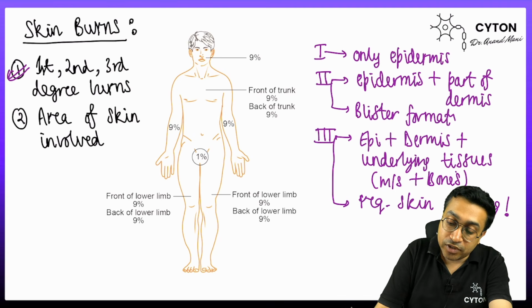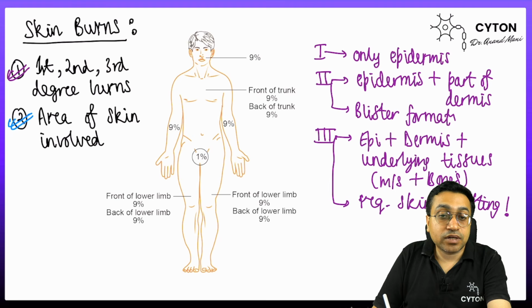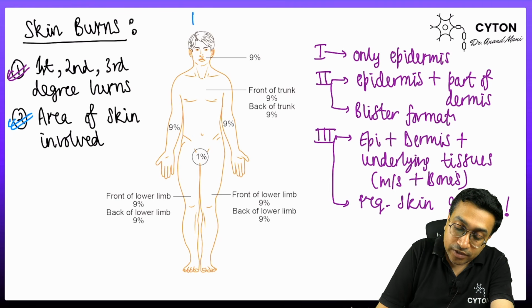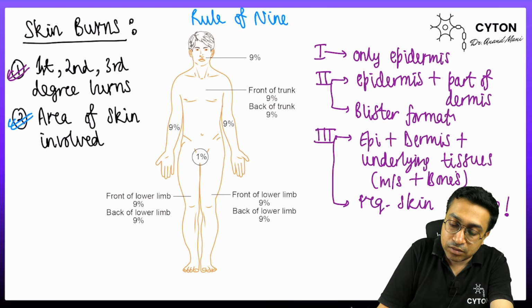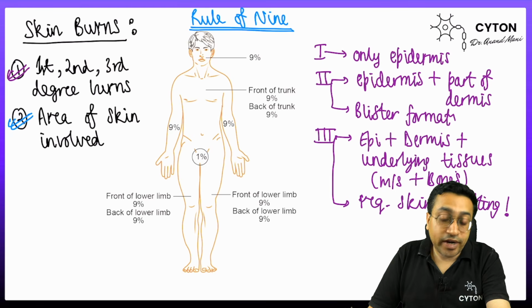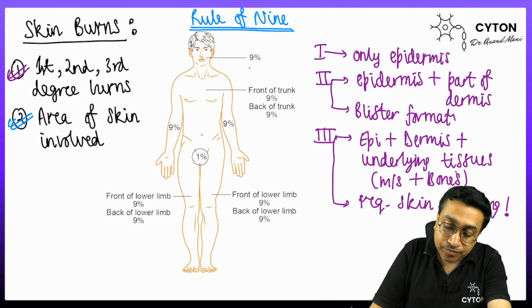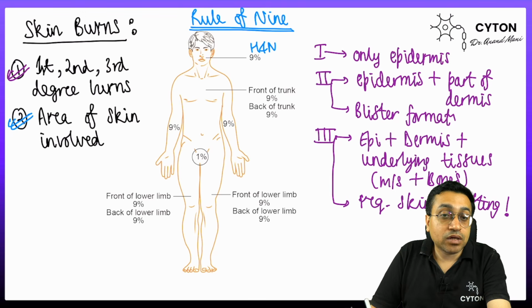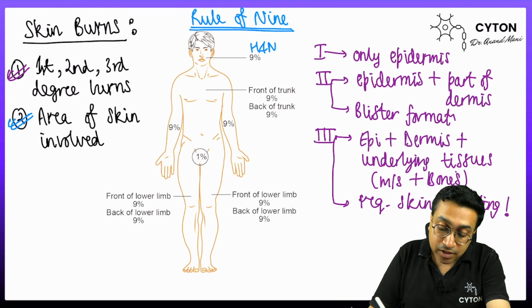Then you have the area of the skin involved, that is taken care of by the rule of 9. Rule of 9 is an easy method to estimate the percentage of the body surface area burnt. So head and neck is given 9%.